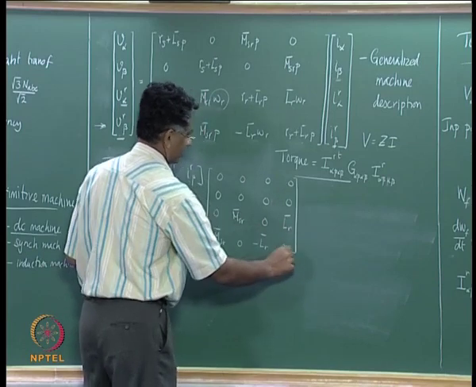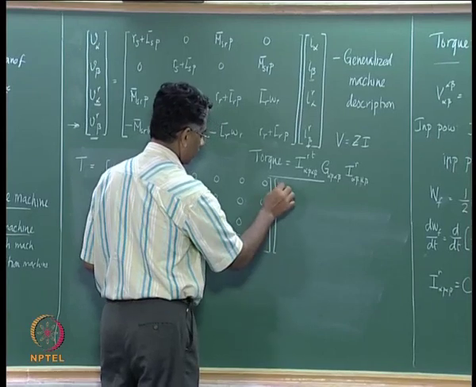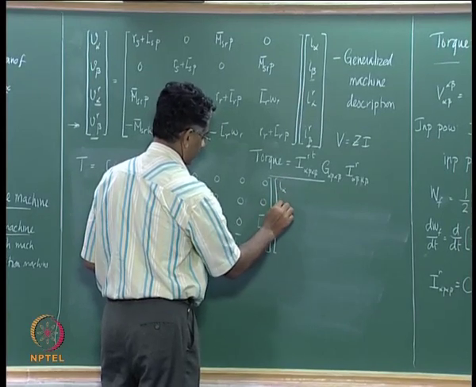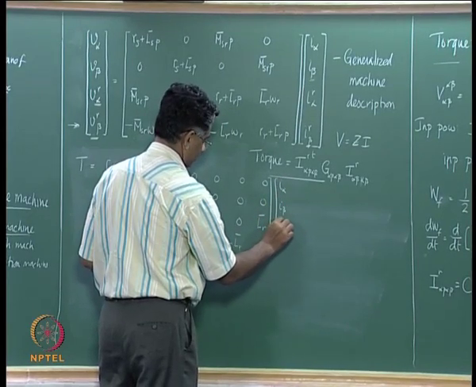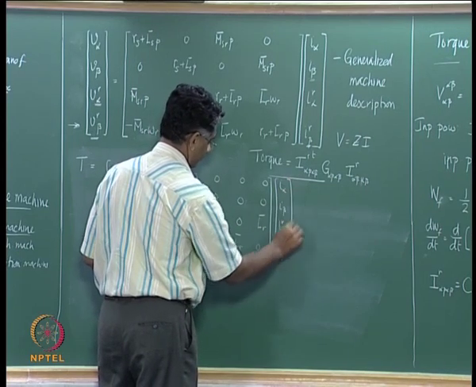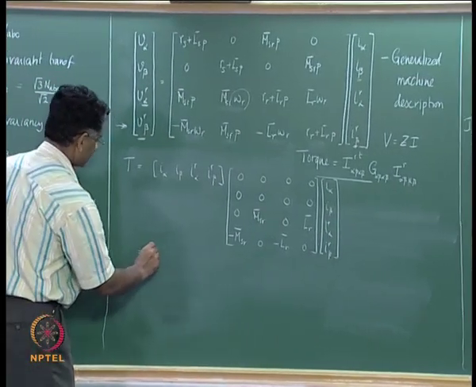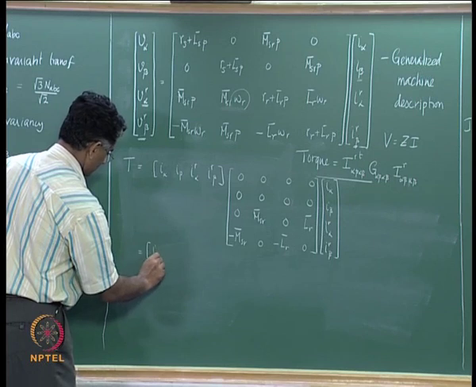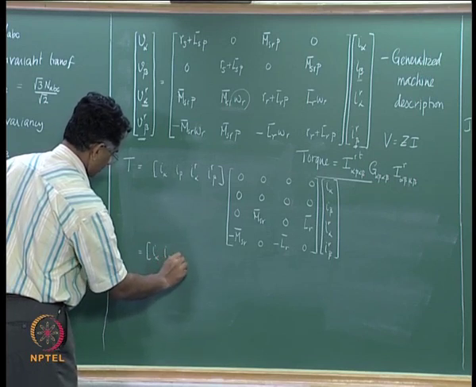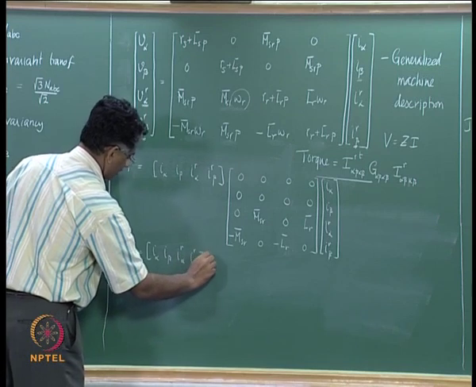This is your G matrix, and then you have again this vector I alpha, I beta, I r alpha, I r beta.